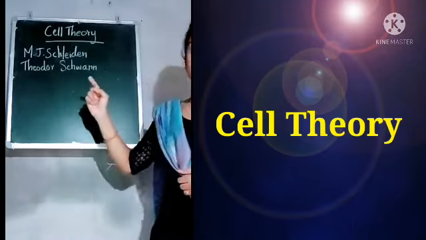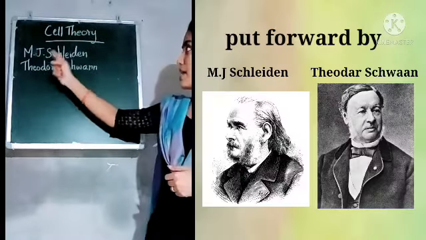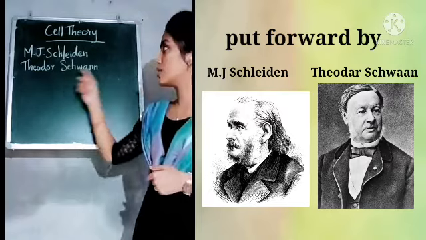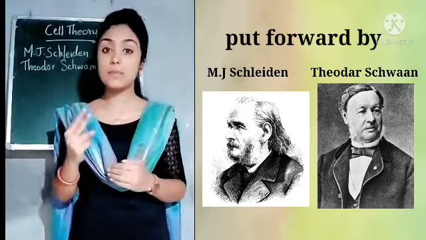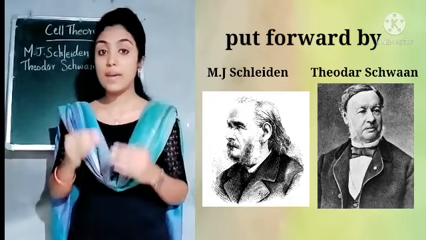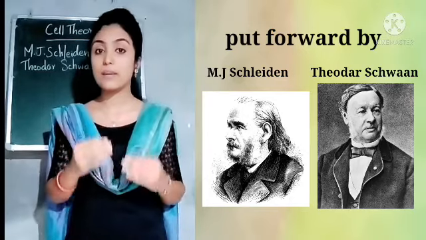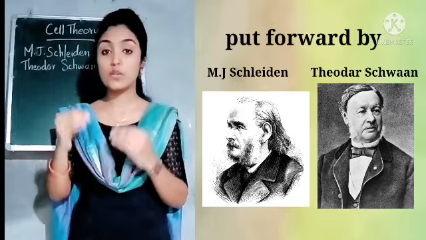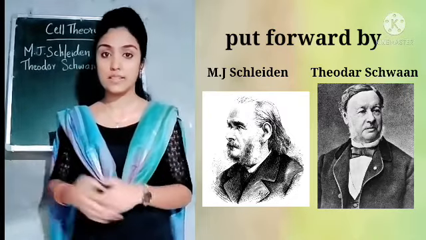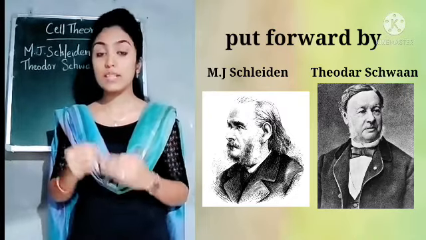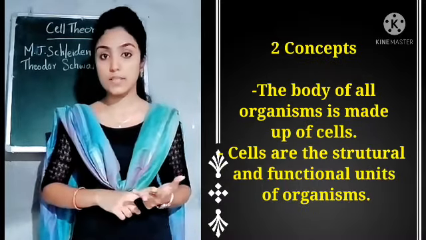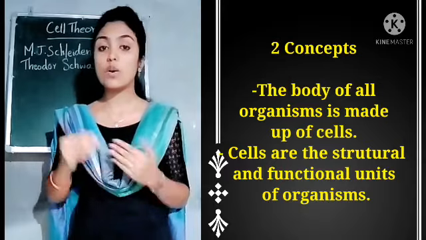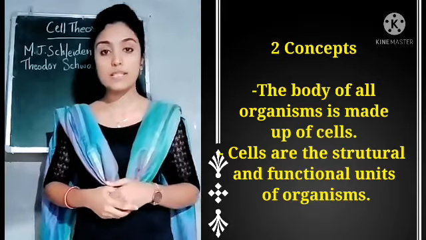Now let us learn about cell theory. Cell theory was put forward by M.J. Schleiden and Theodore Schwann. Both these scientists made 2 concepts of cell theory by summarizing the findings of various scientists. The first concept is the body of all organisms is made up of cells.